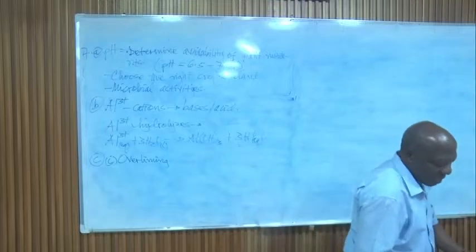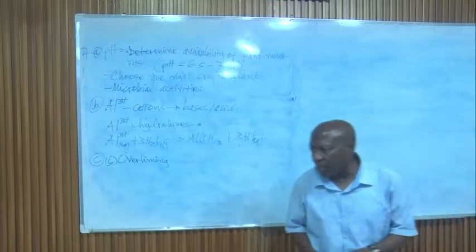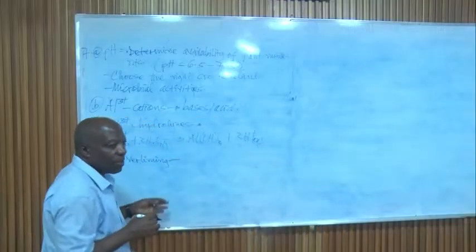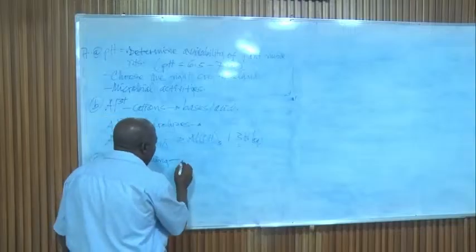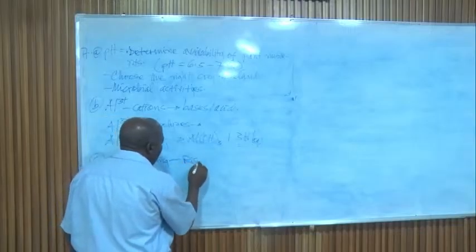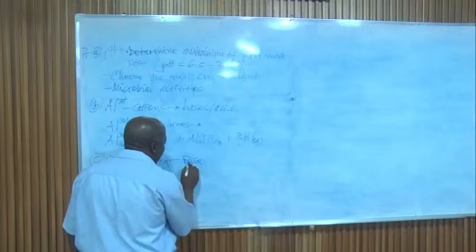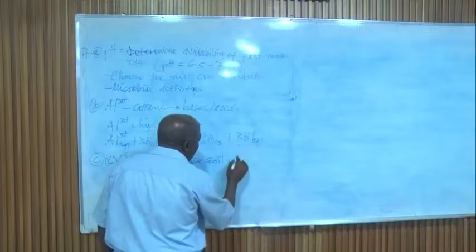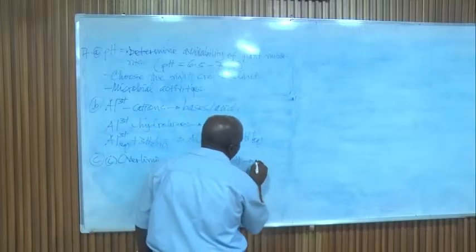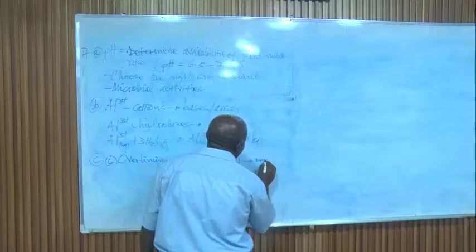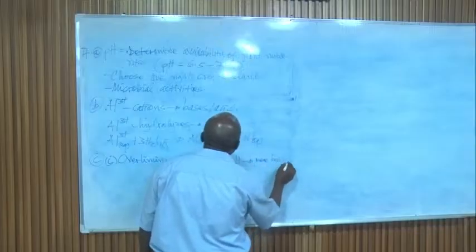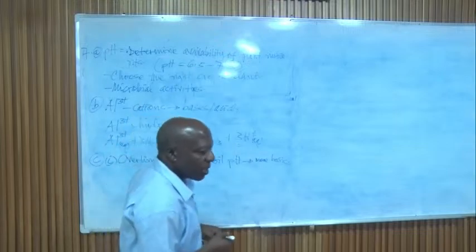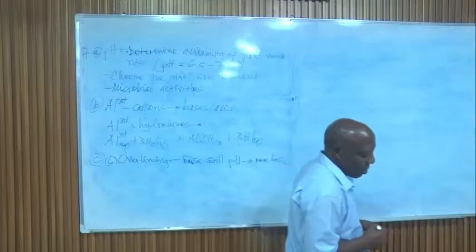oxides, and silicates. Now, during this process, if you overlime the soil, you will raise the soil pH. So the soil will be more basic, in such a way that it can go out of the soil pH range favorable for crop production.